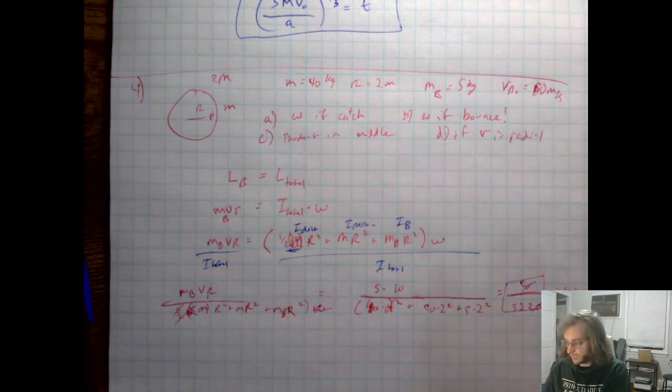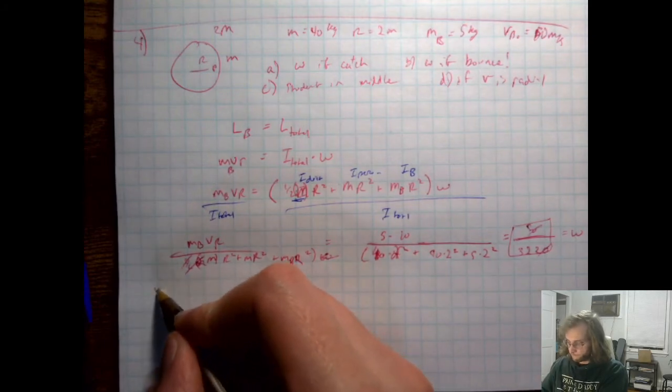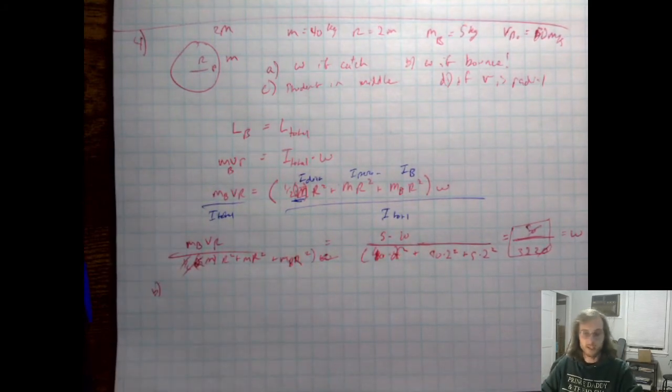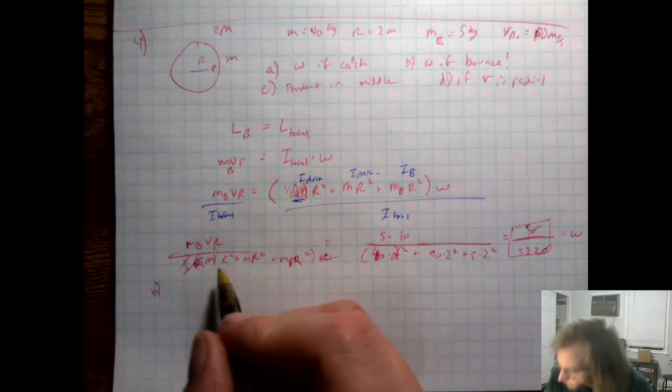All right, B. How is our situation different if it bounces? Well, 2 major changes. If it bounces, we're going to have some negative angular momentum from the ball going the other direction right after the bounce. We're also not going to have the ball attached to the other 2 objects.